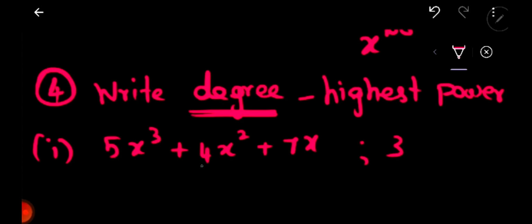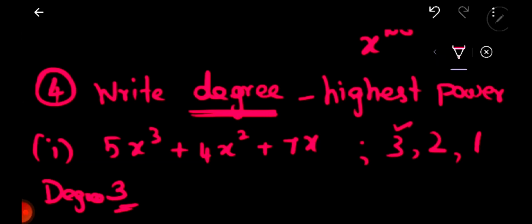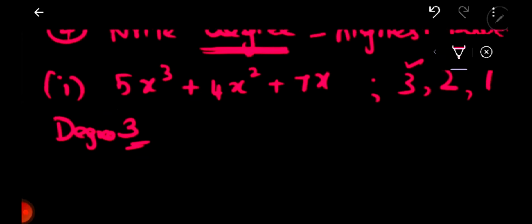The second term is 4x squared, its power is 2. And the third term is 7x, its power is 1. So which is the highest one? Which is the greatest number? 3. So the degree of this polynomial is 3. So the highest power, that's it.